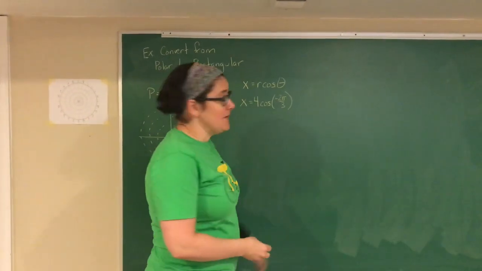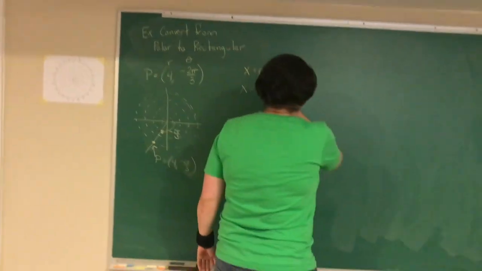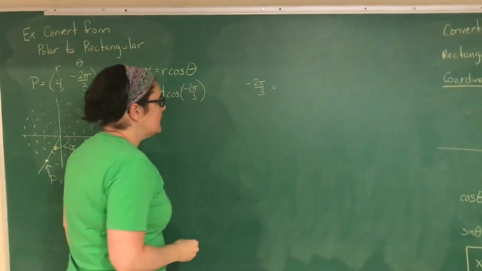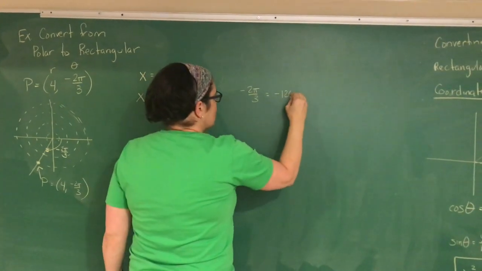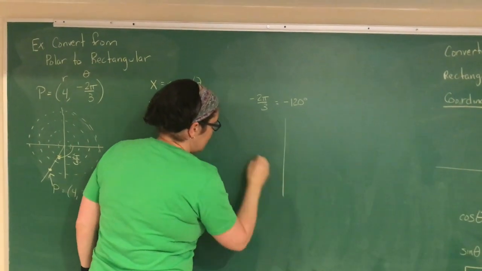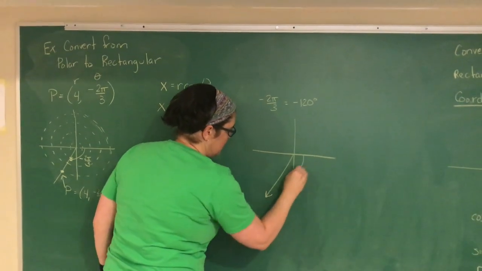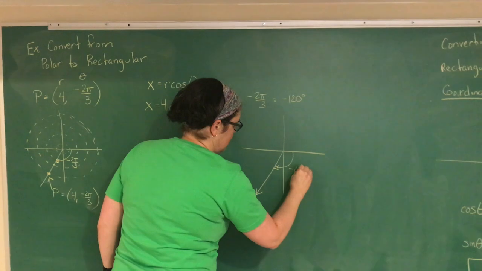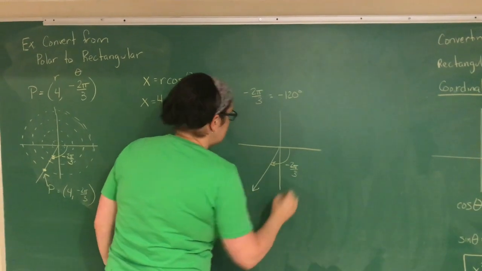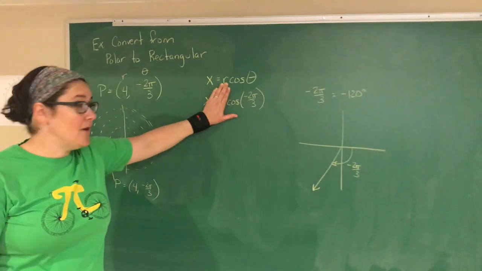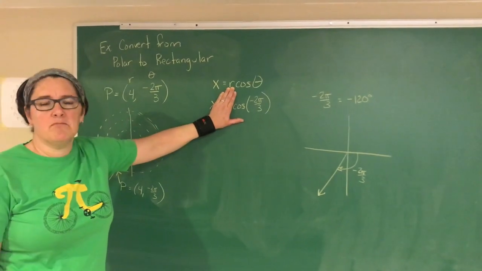Okay, so cosine of negative 2 pi over 3. Negative 2 pi over 3 is the same thing as negative 120 degrees. So if I draw that, I have this guy down here. My goal is to evaluate cosine of negative 2 pi over 3. If I have that value memorized, great.